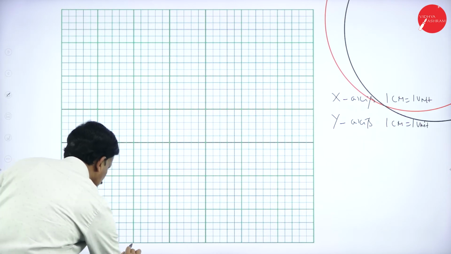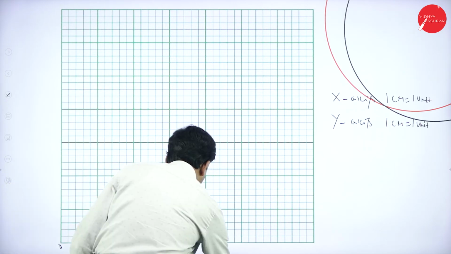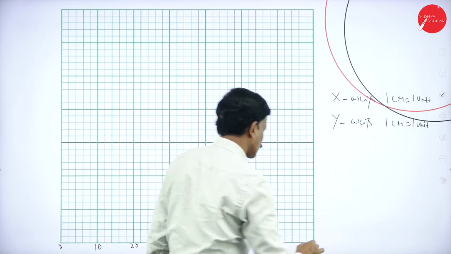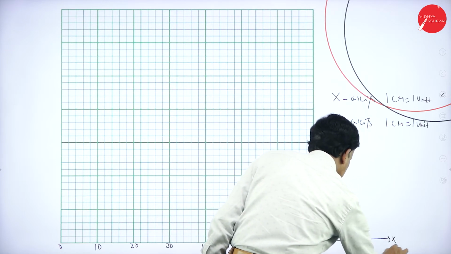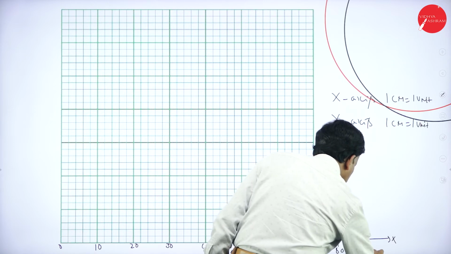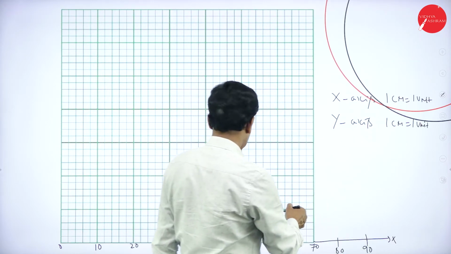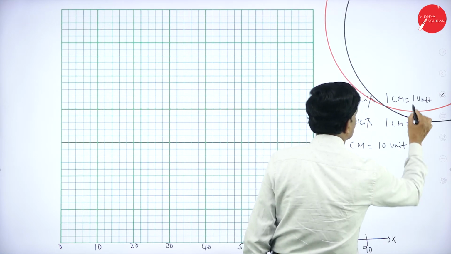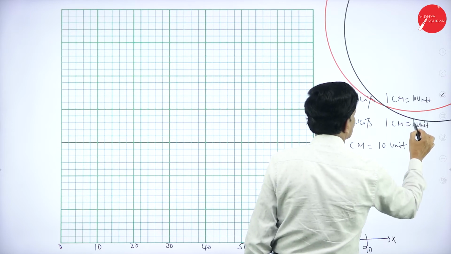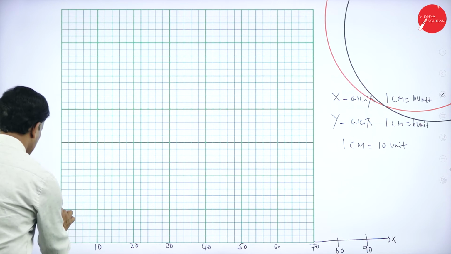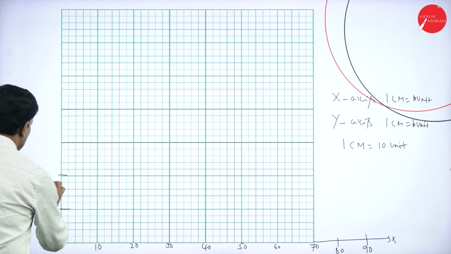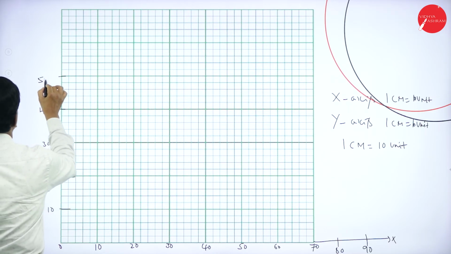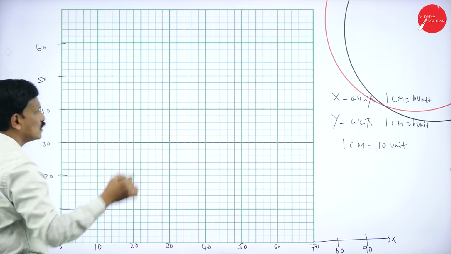This is 0, 10, 20, 30, 40, 50, 60, 70, 80 and 90 on the x-axis. So 1 centimeter is equal to 10 units. Instead of 1 unit, let us consider it as 10 units. So this is again 10, 20, 30, 40, 50, 60.